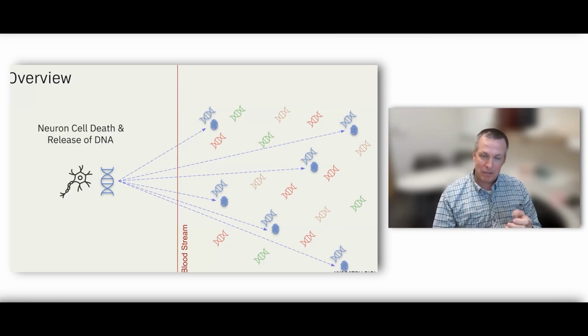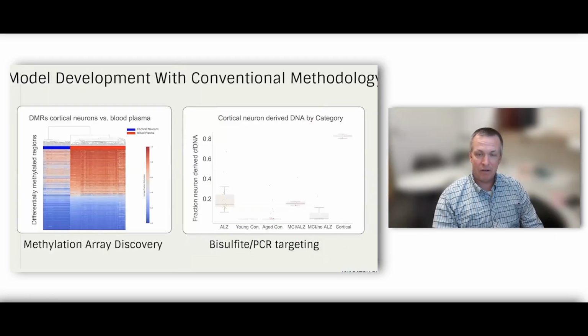If we can use methylation then to identify where that cell originated, then we can determine what percentage, what fraction of the cell-free DNA in the blood is coming from different cell types. And that's precisely what this assay is designed to do.